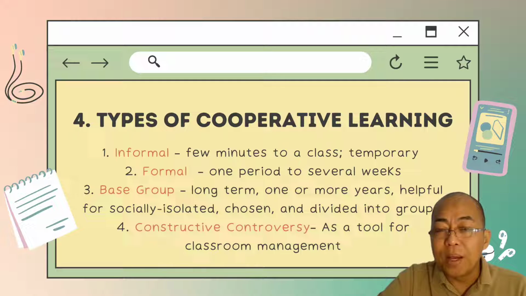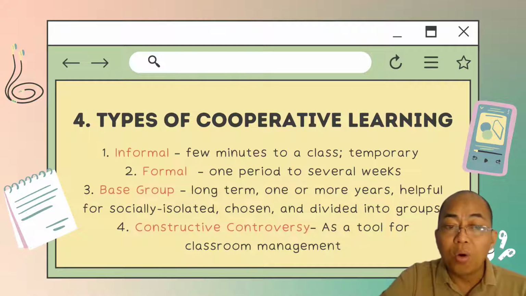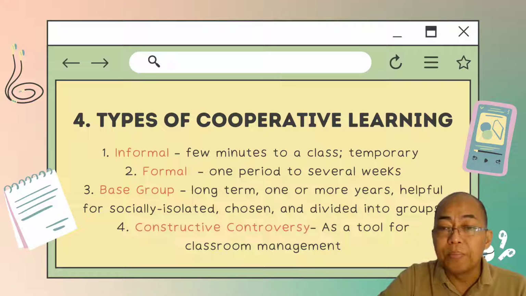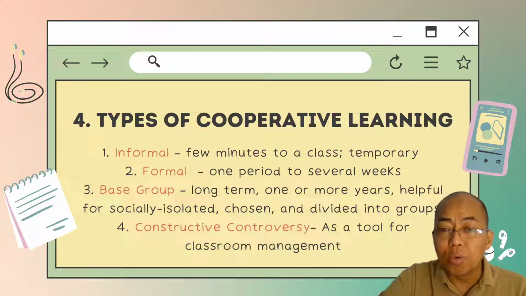So unlike the informal and the formal cooperative groups, cooperative base or home group is much longer, and of course students are grouped heterogeneously, which is very important, similar to the formal groupings. In terms of membership, they stay in the same group for one semester or even longer.